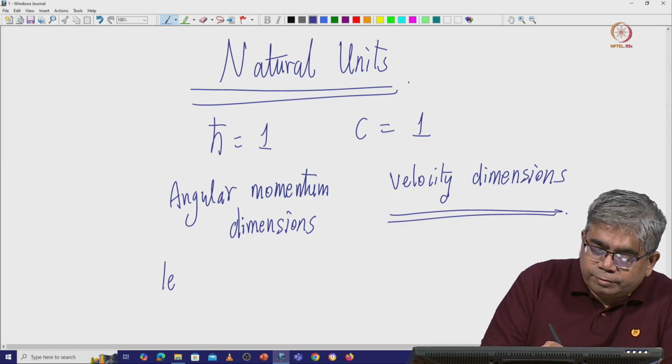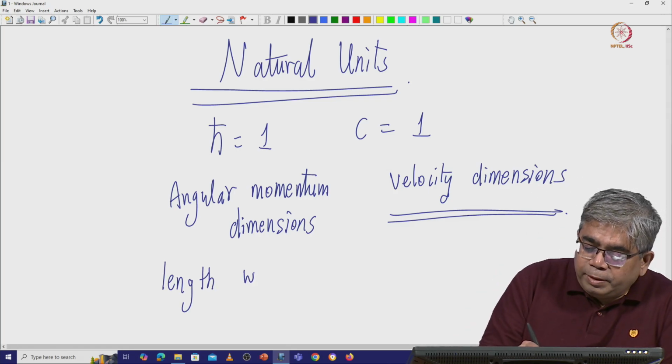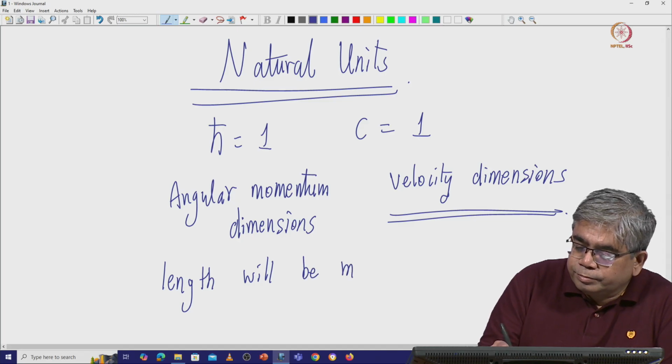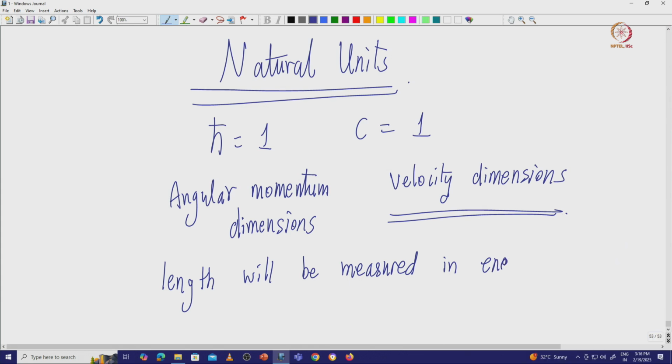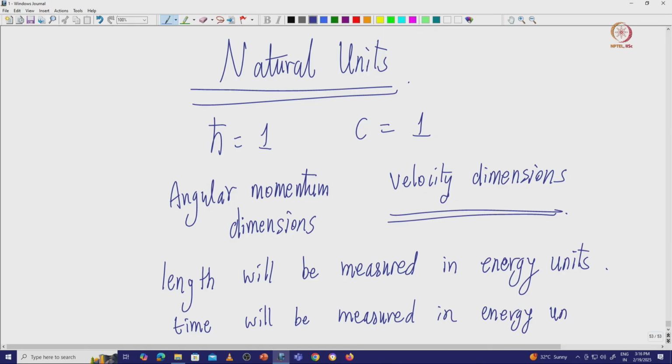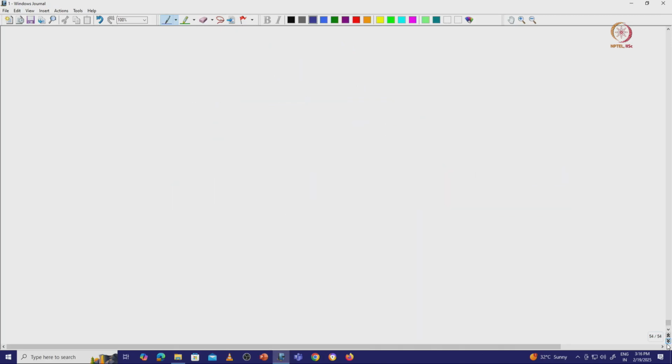Length will be measured in energy units. Similarly, time will also be in energy units, and mass will also be measured in energy units.